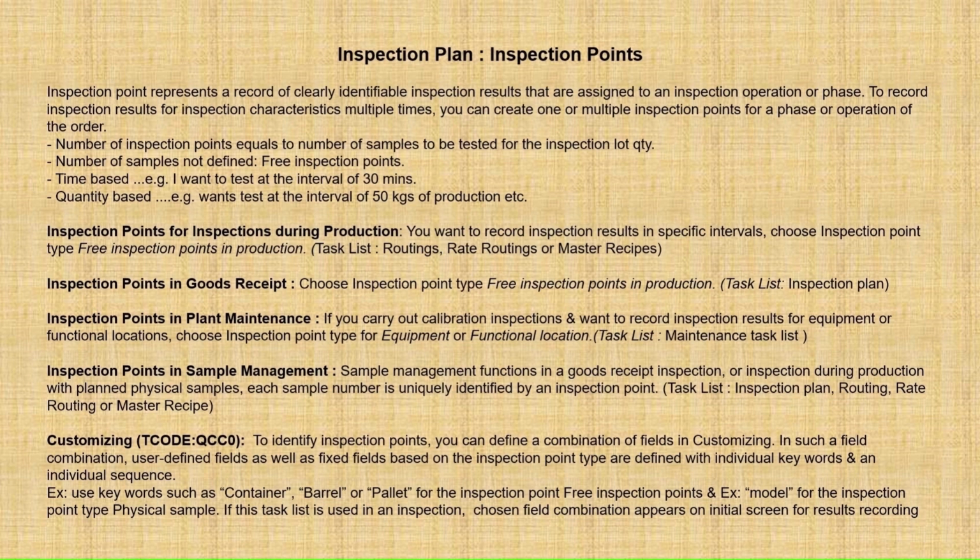During production, we can assign it in the routing and specify the split, like whether we want to add the inspection point quantity wise or time based, or if it is a free inspection point, be free to inspect it at different points.